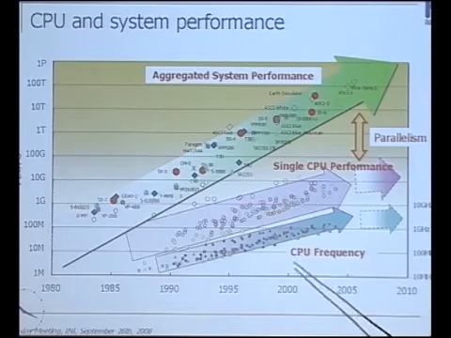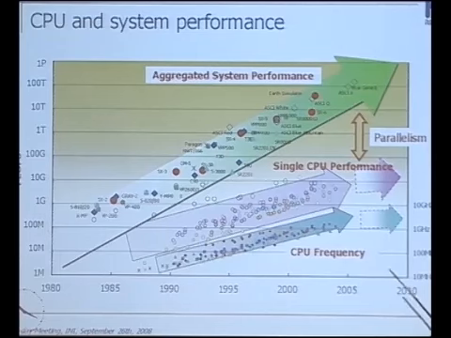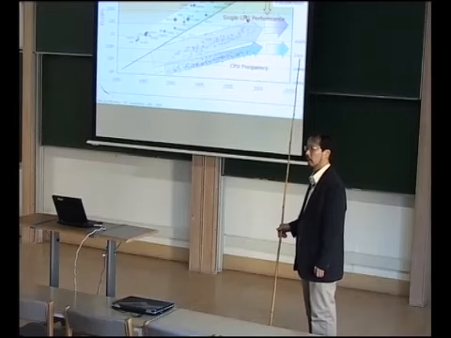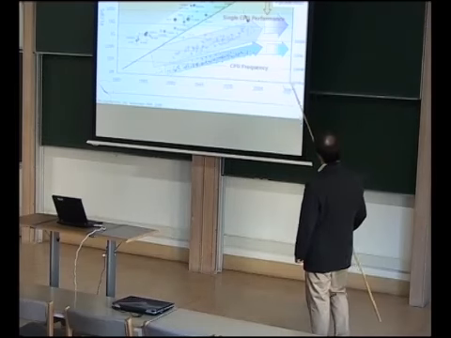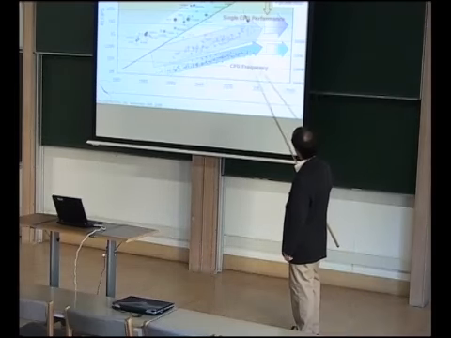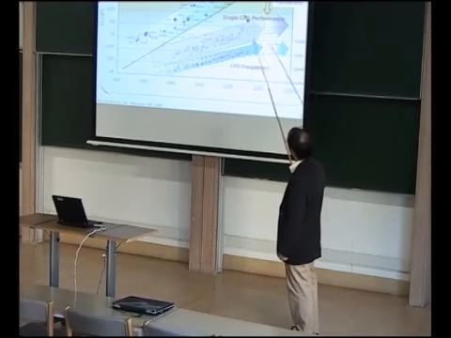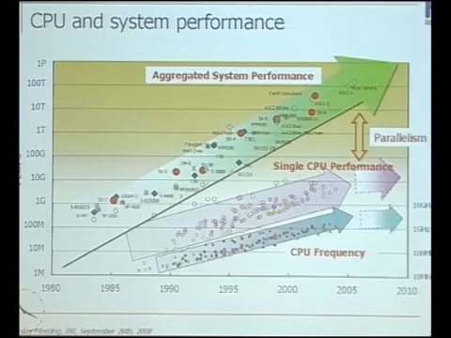You can see the CPU frequency has gradually increased in this figure. But recent research shows that CPU frequency will head to a limit because of the limit of silicon chip technology.